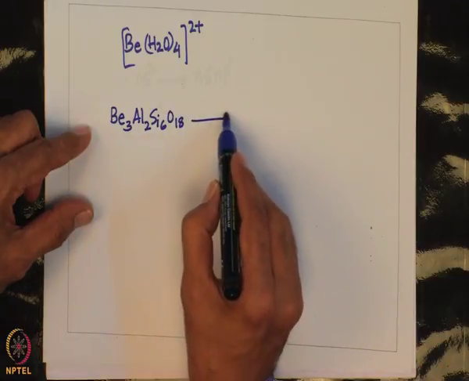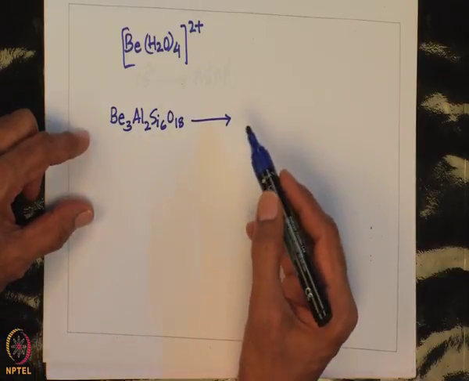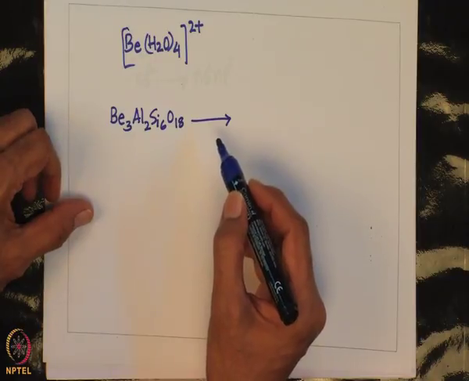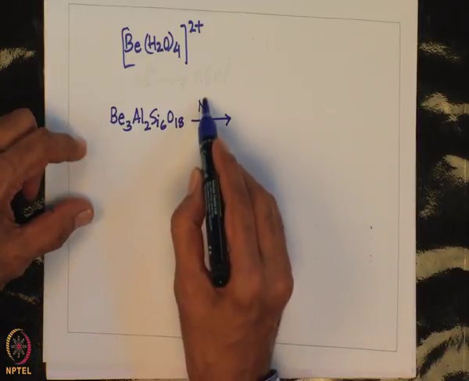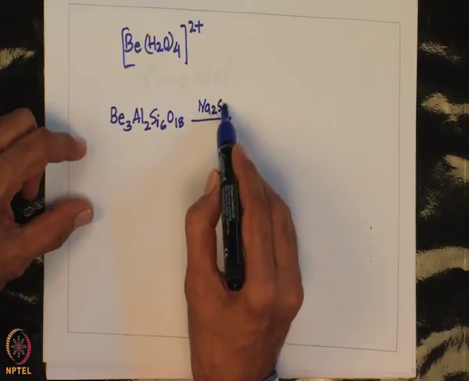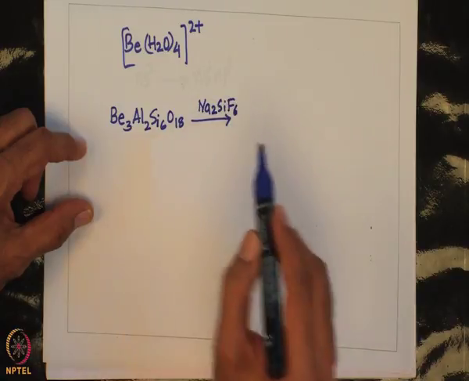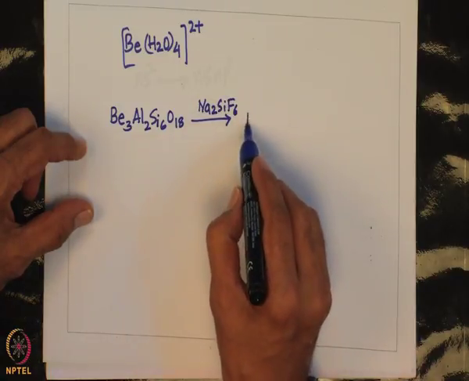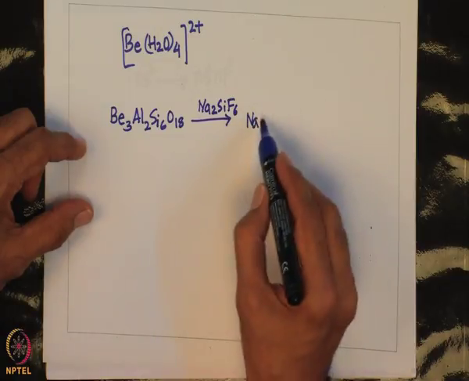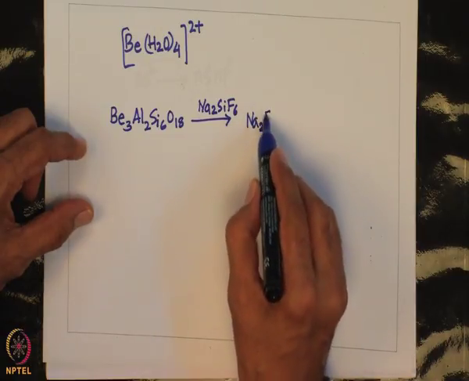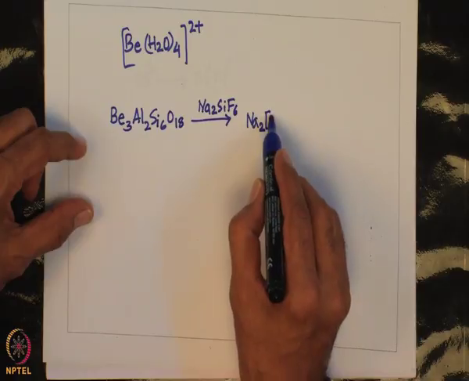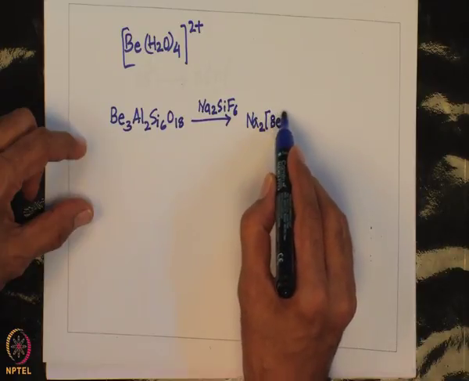First, it has to be treated with sodium hexafluorosilicate, that leads to the formation of a fluorinated compound having the formula Na2BeF4.